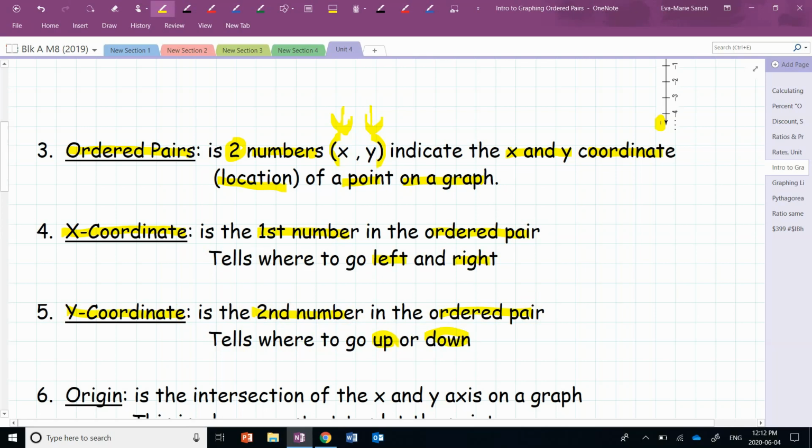So it's a little bit like playing a game of battleships, where you would tell your partner that you're playing against, go 4 to the left and 6 up, and that's where you want to drop your bomb and see if you, in fact, hit their battleship. So that's basically what we're trying to do here, is to locate a point in which we want to drop a mark or a point on that.